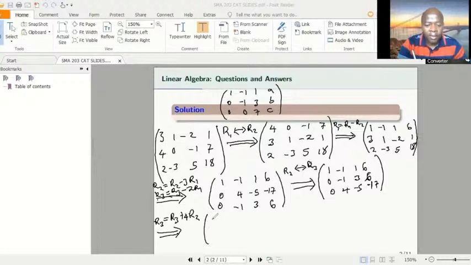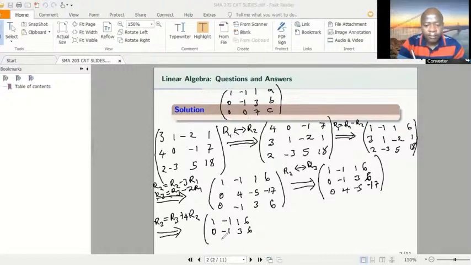So when that happens, the first row remains the way it is. The second row remains the way it is. Now the third row, this times 4 plus 0 would give us the... Now the second row has a 0 here.